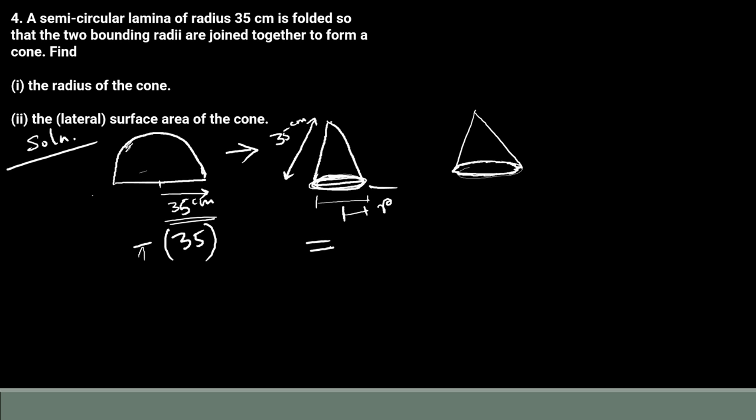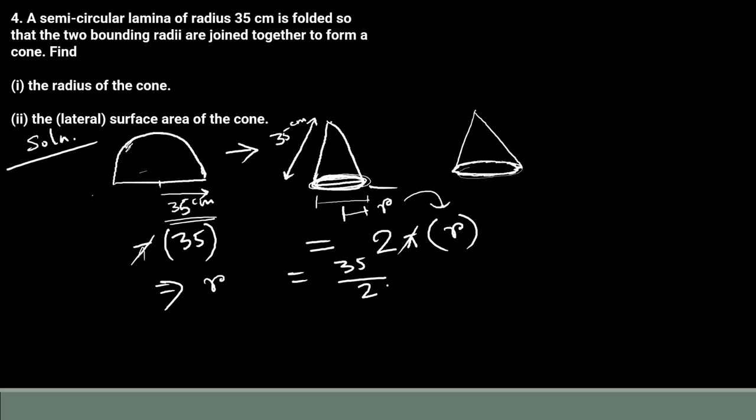So pi r will be equal to the circumference of this base, that is 2 pi r. Because it's a complete circle, and we have assumed this radius as r, we kept it as 2 pi r. Now r is 35 divided by 2, which is 17.5 centimeter. This is answer 1.